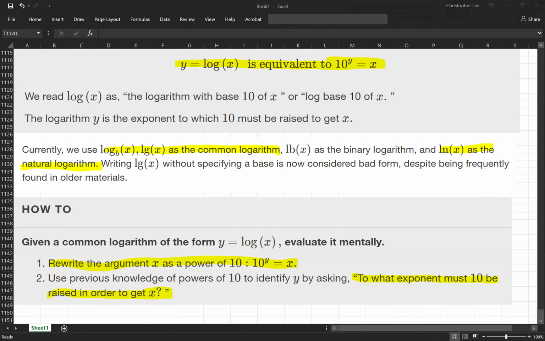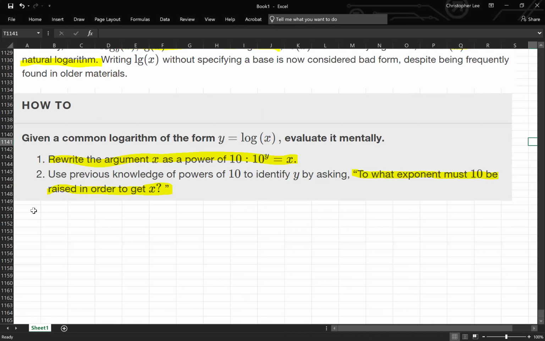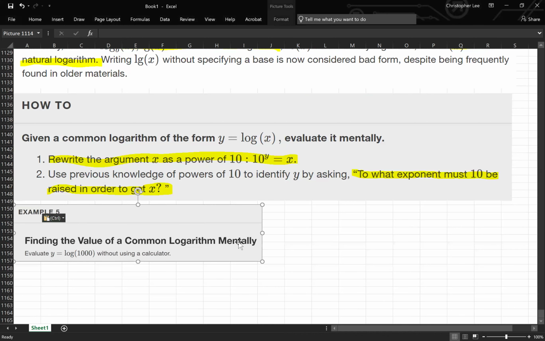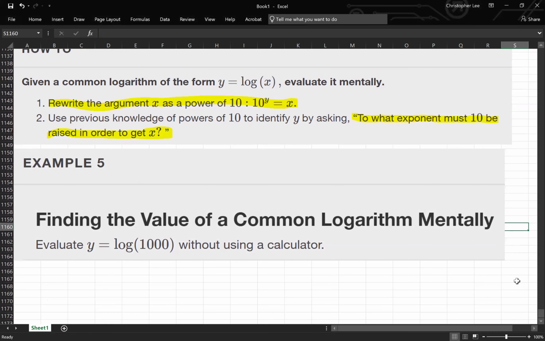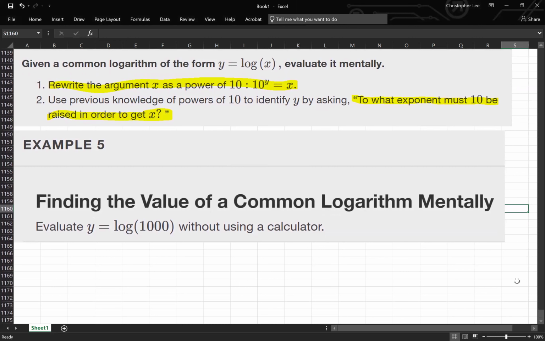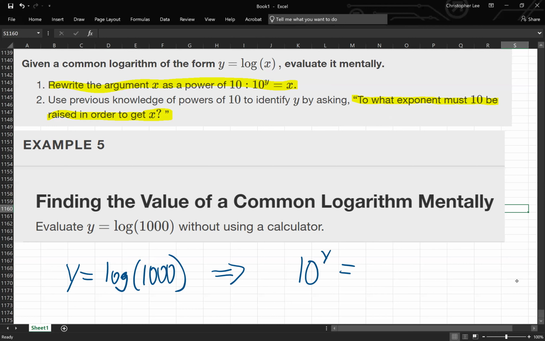Let's try it out. You want to evaluate y equals log of 1,000. Just like that. So we know this is going to be 10 raised to some y power is equal to 1,000.